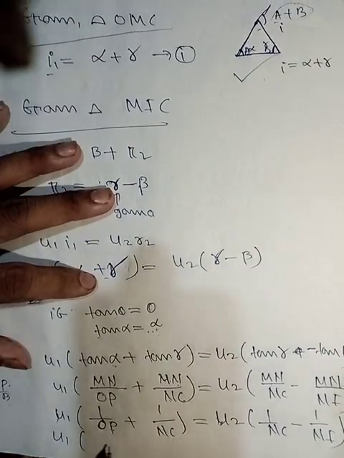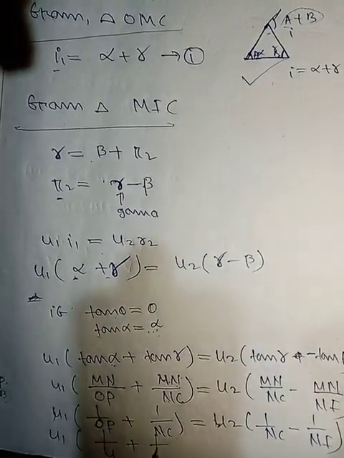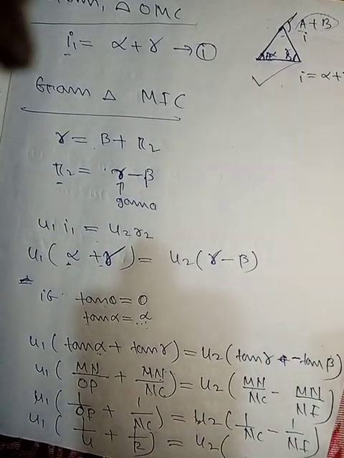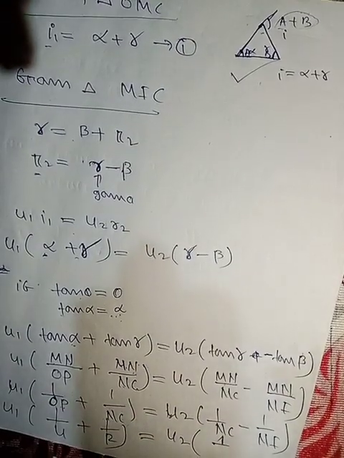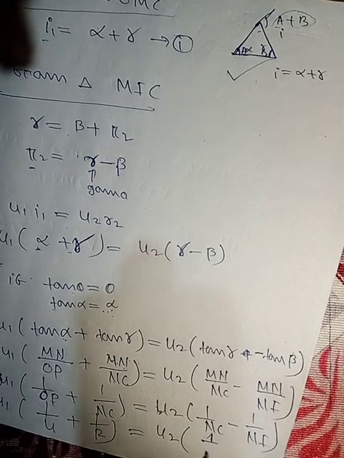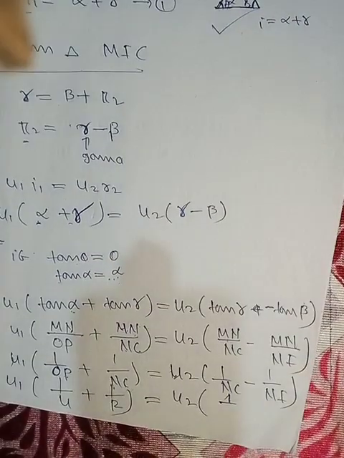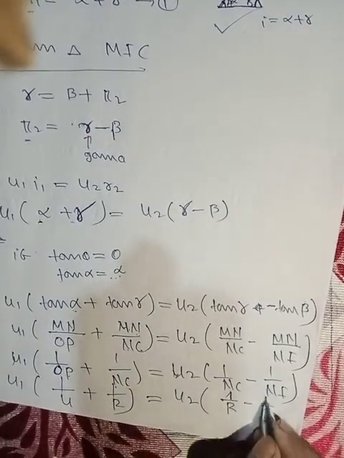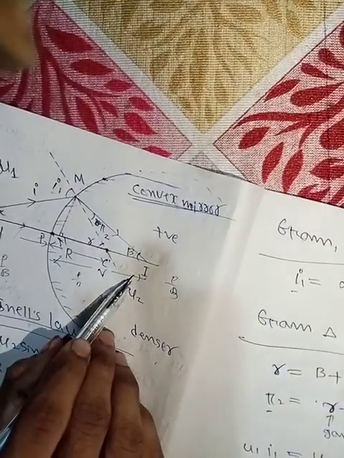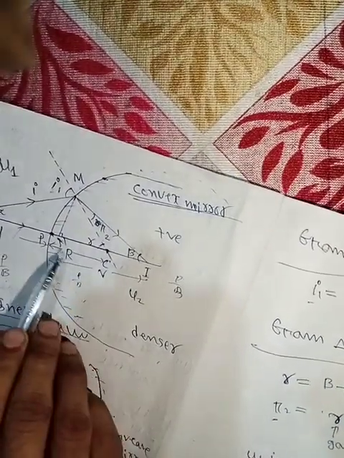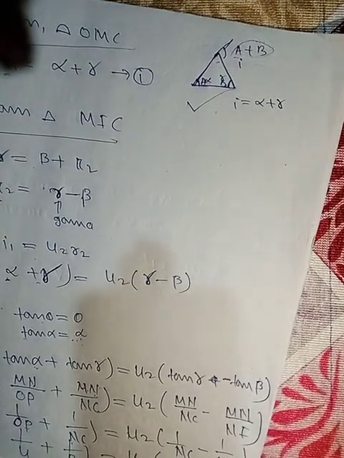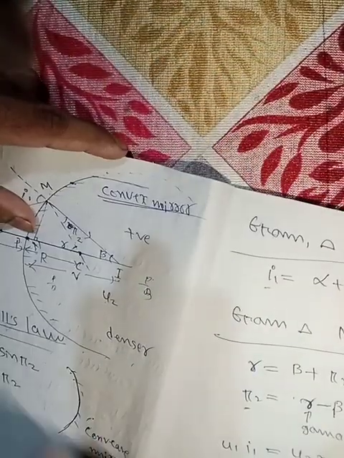Now we just need to put in the values: 1 by u plus 1 by R. Similarly mu2 times 1 by NC, where NC means R, and 1 by NI. This NI you can also write as PI. Why?